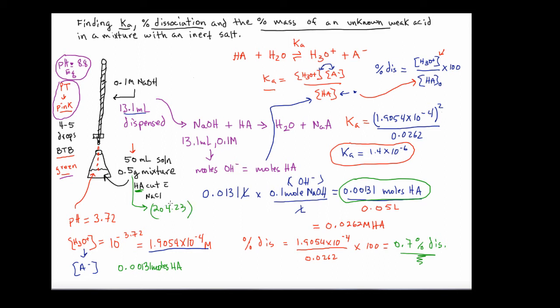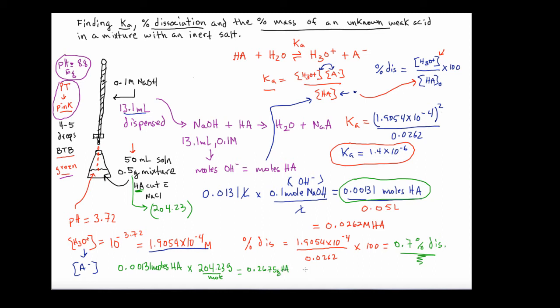Those of you that have really been working hard, you recognize this is actually the molar mass of KHP. So this is going to be times 204.23 grams per mole. All right, and the mass that I get is 0.2675 grams of HA that was in the original sample.